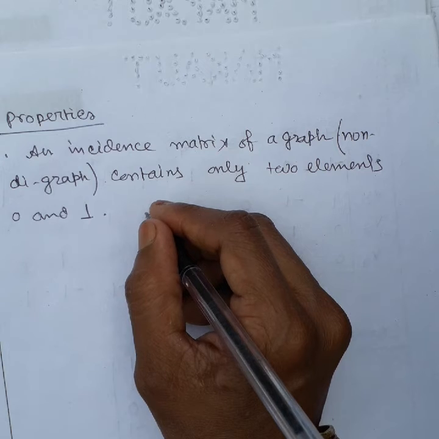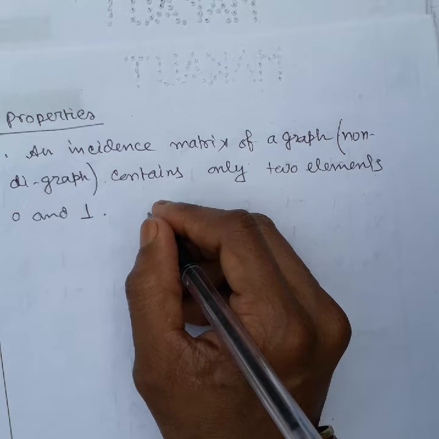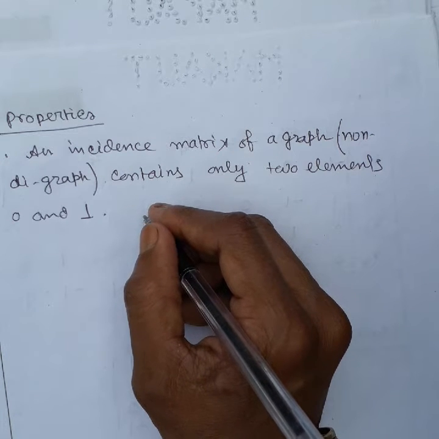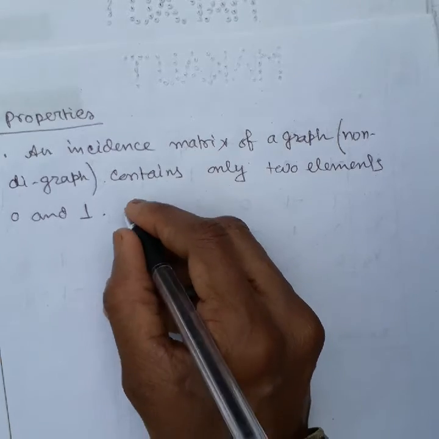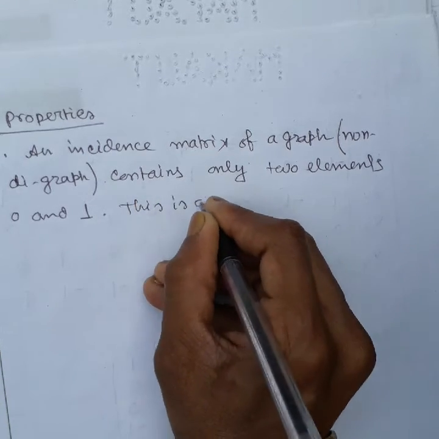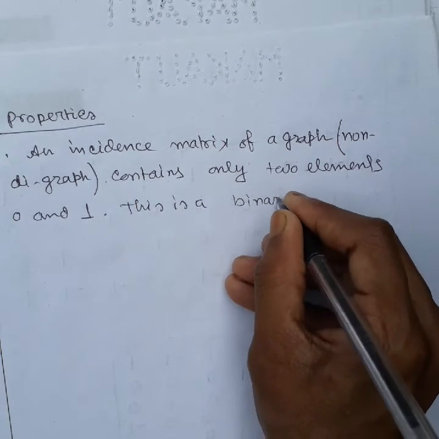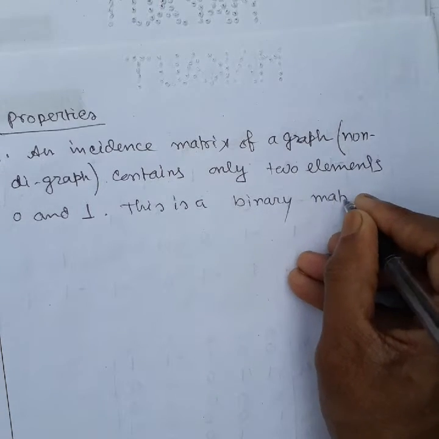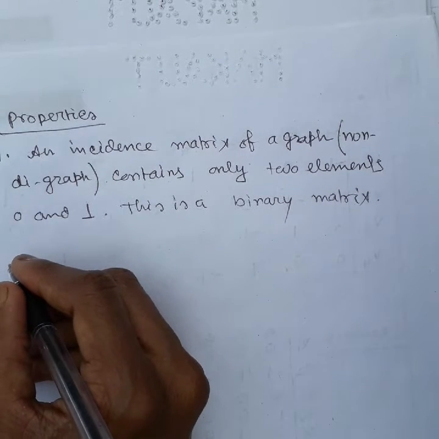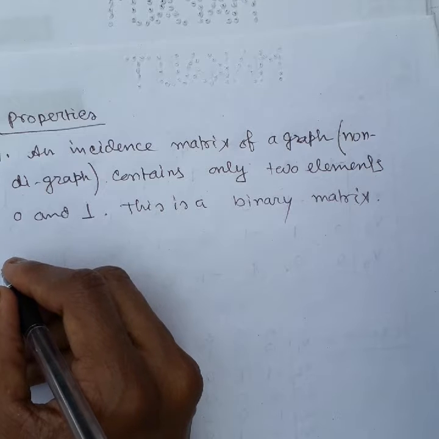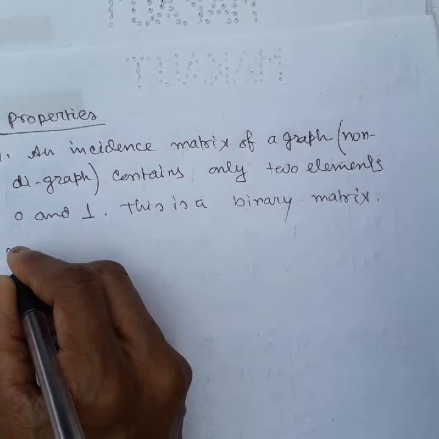Because of this, the incidence matrix of a graph is a binary matrix. But a digraph is not a binary matrix because there are three elements, +1, -1 and 0.